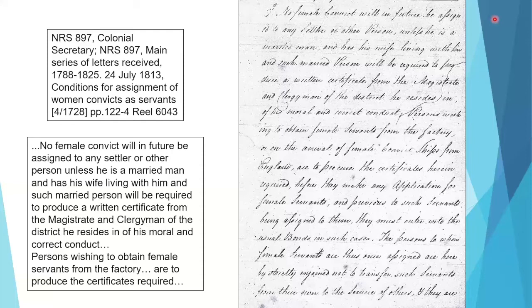And such married person will be required to produce a certificate from the magistrate and the clergyman of the district for his moral and correct conduct. And if you wish to obtain a servant from the factory, you had to produce those certificates. So they were trying to protect the women that were assigned to these families for work in some sense.